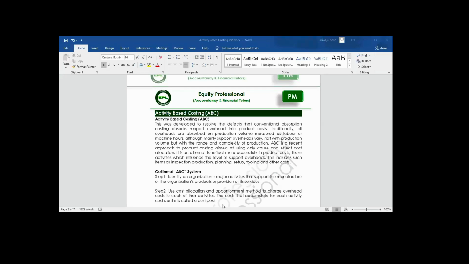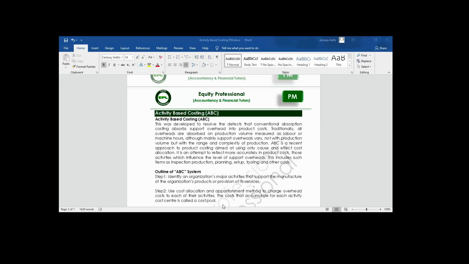First is, we explain the traditional costing method. Under this method, we have the absorption costing method, and we have the marginal costing method.